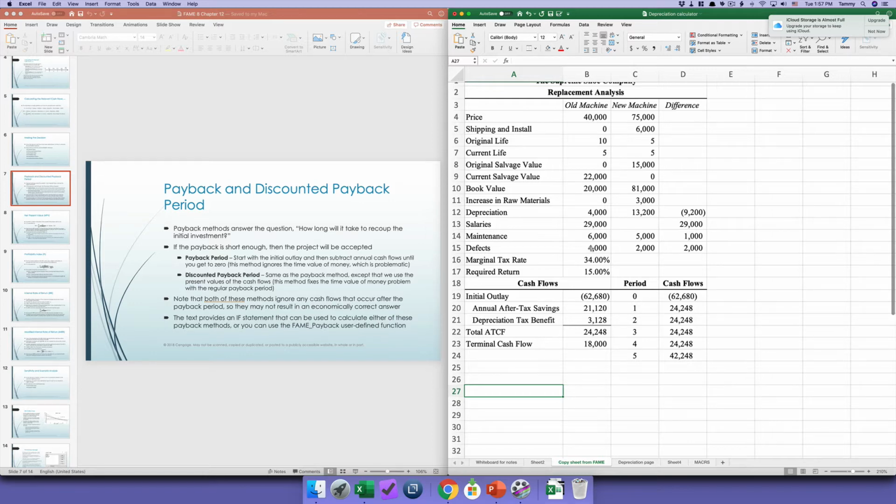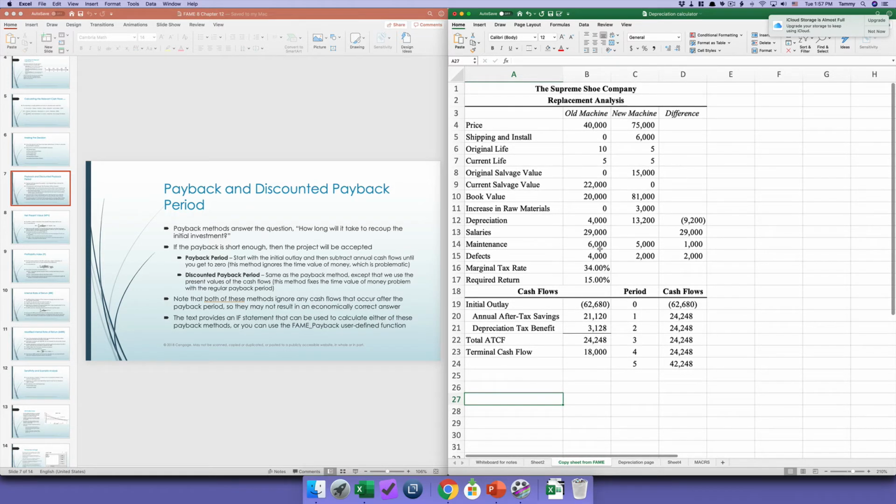And so what I've done is copied these couple of tables over from your textbook. So this is table 12.5, I guess, down here. And we've got all the information from the purchase of a new machine and what the cash flows are going to be.